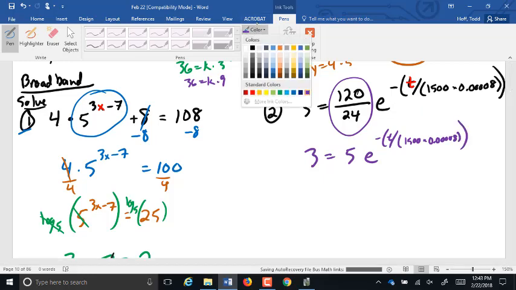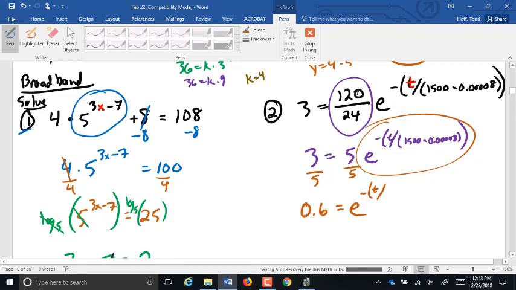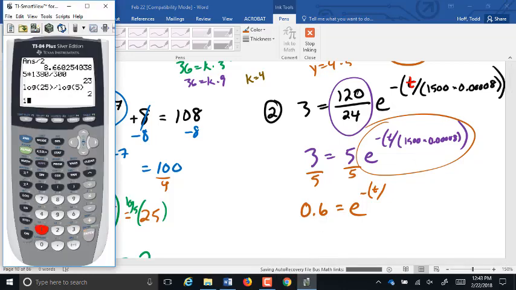And then yeah, we have to get the exponential by itself again, so we're going to divide by 5. So we got 0.6 equals e to the negative t over. Now, I'm going to just make this easier on myself and multiply out the 1,500 times 0.00008, which is 0.12.